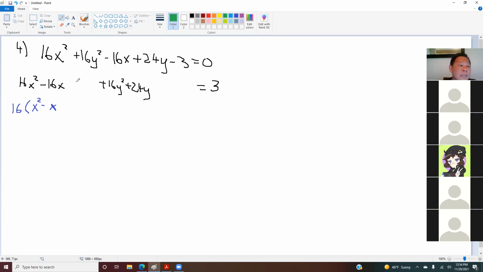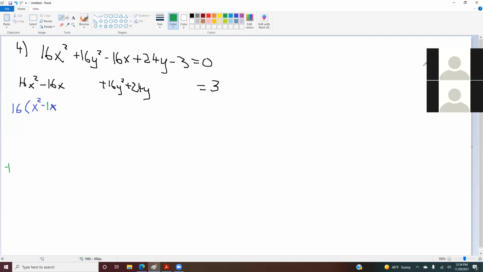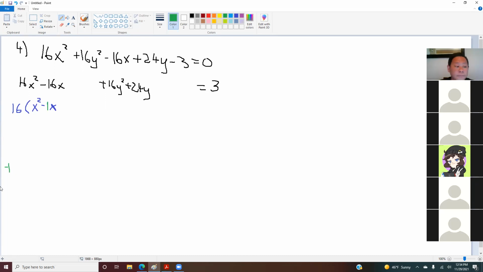Third step is to take the middle term, which is -1. What do you do with it? Divide by 2, and you square it. It's always like that. So what do you get when you take -1 divided by 2 and you square it?